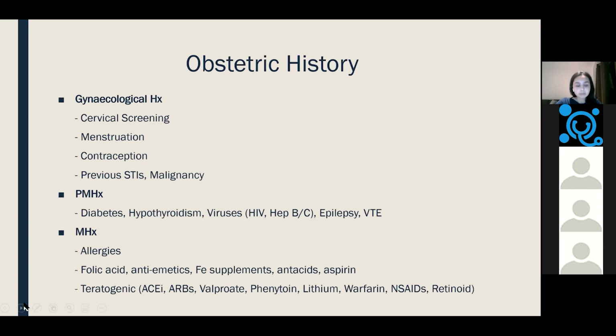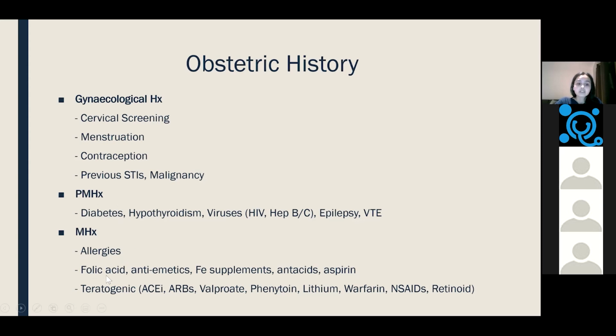And then in terms of past medical history, you ask them, do they have diabetes, hypothyroidism, any blood-borne viruses, epilepsy, and any venous thromboembolism risk factors. And then in terms of medication history, it's always important to ask about allergies in any history, basically.